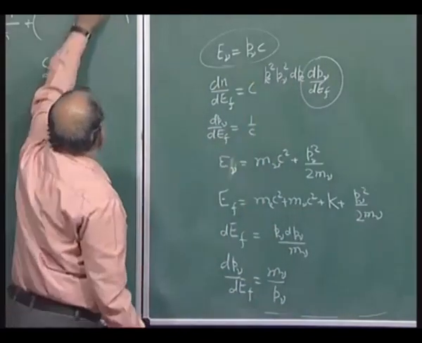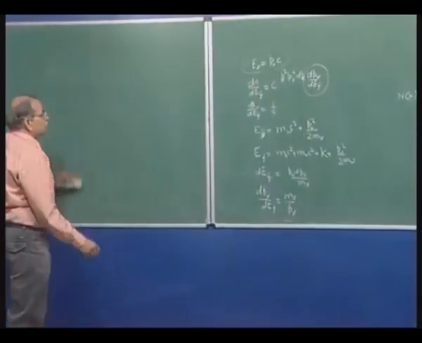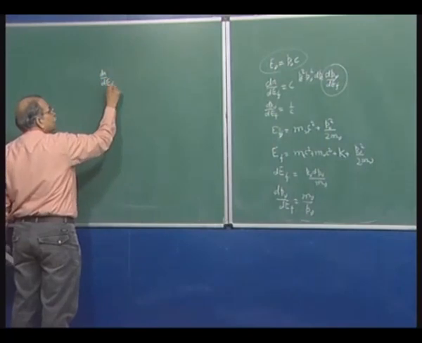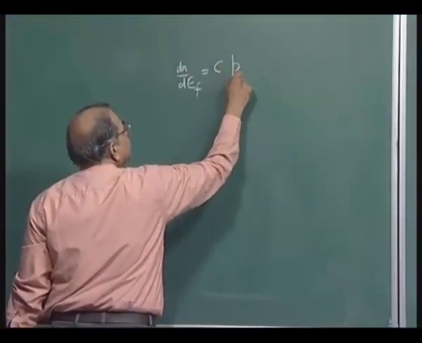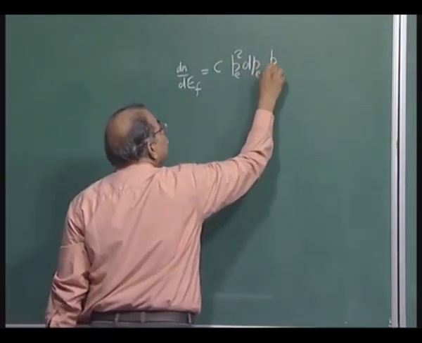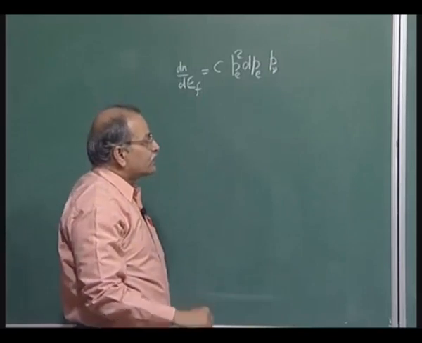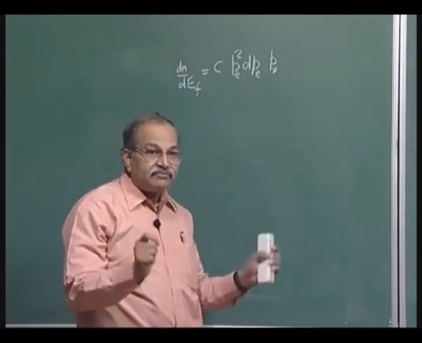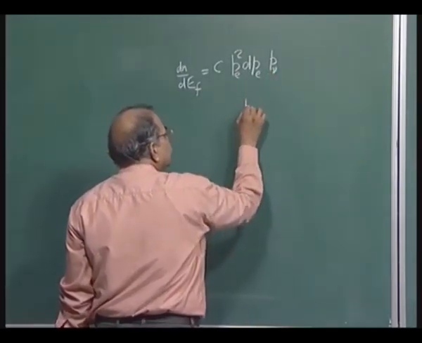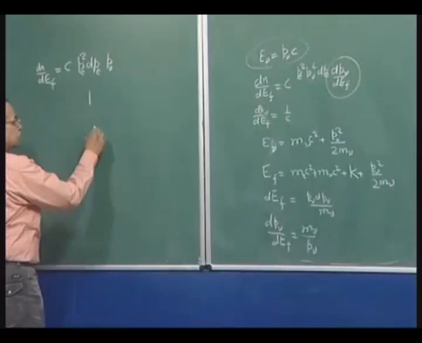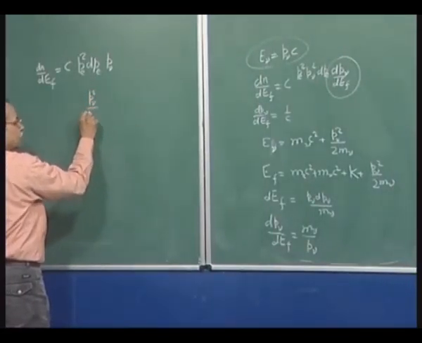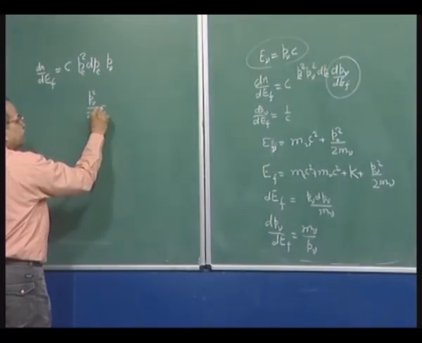If I take the rest mass into consideration, then dN over dE_f will be some constant times P_e squared dP_e, and then you will have P_nu. So, instead of P_nu squared, it has become P_nu, and that will change the shape. P_nu you can calculate. Now, you have these expressions, the kinetic energy P_nu squared over 2 m_nu is Q minus K.